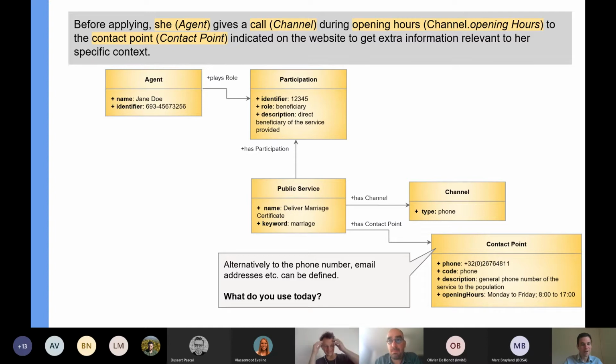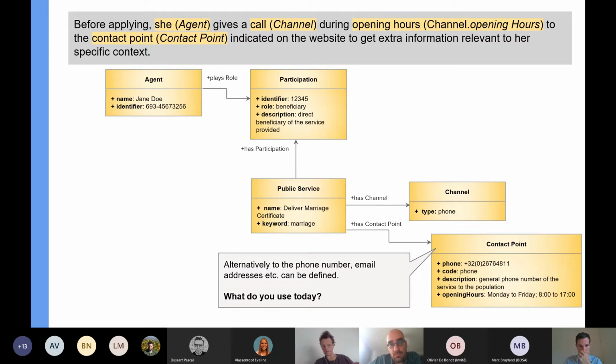Yes, I think there are two use cases intertwingling here. The type phone, the channel side, comes from the use case of delivering a catalog of services, giving insights into which public services are accessible by phone, by email, or by digital ways.